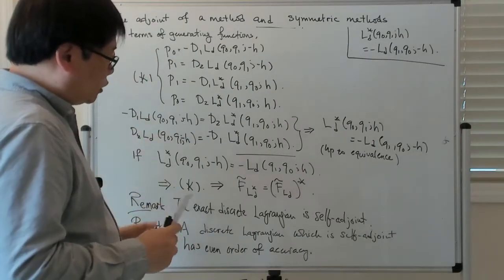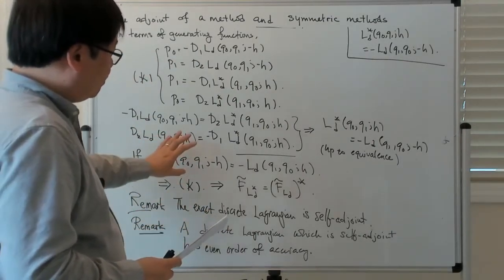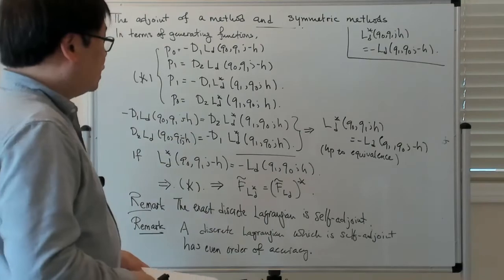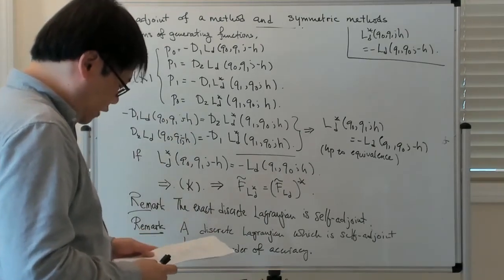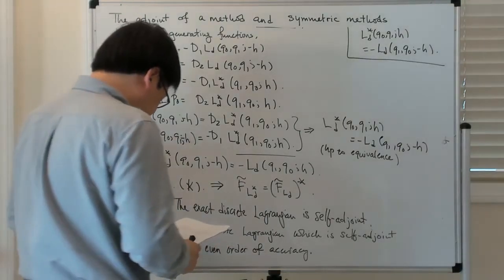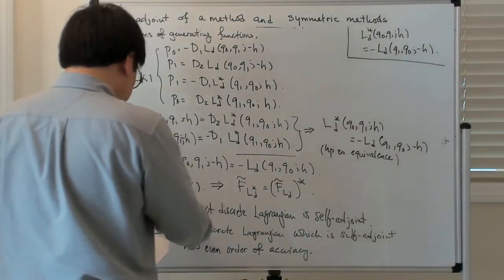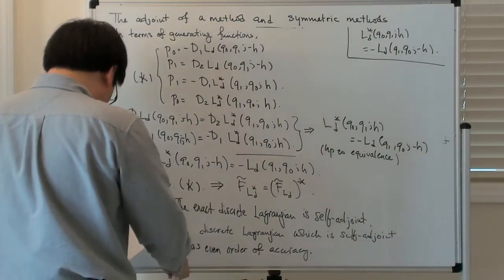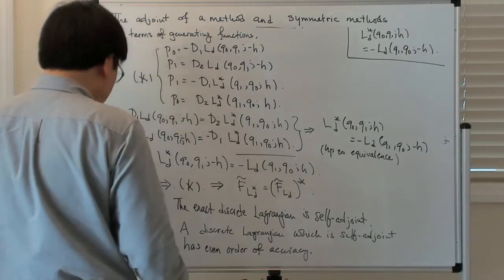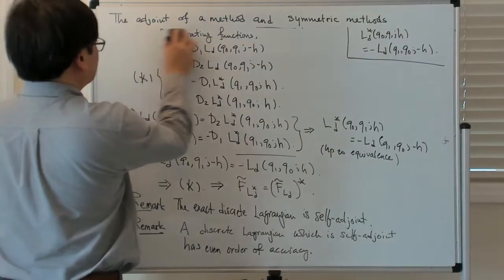But I'm not going to go into the details, but I'll be happy to point you to a reference if you're interested in a proof of that. And let me give you the simplest example of adjoint discrete Lagrangians.